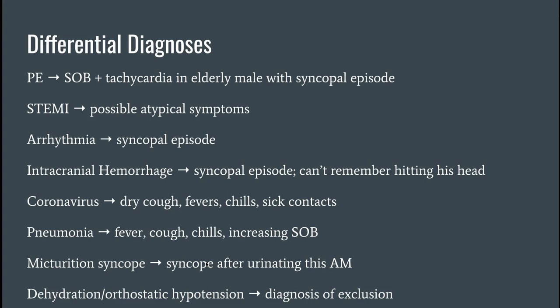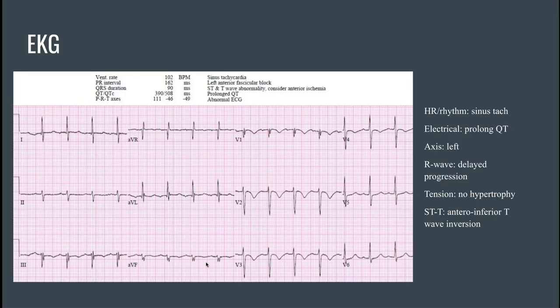Maybe it is coronavirus because he did complain of dry cough, fevers, and chills, along with sick contacts 2 weeks ago. Or maybe it's just a community-acquired pneumonia. And then I'm thinking in terms of diagnoses of exclusion, it's probably a micturition syncope because he syncopized after urinating in the morning, or it might be just a dehydration / orthostatic hypotension.